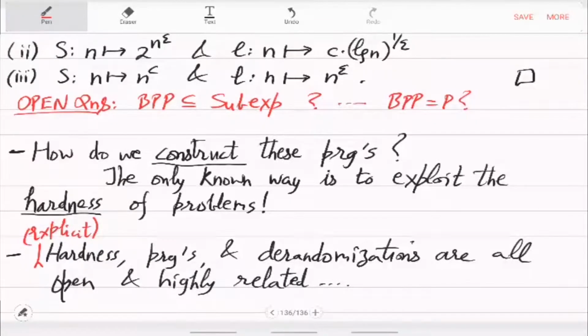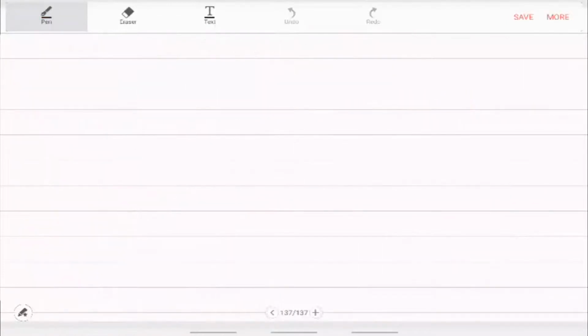I mean, we don't know whether SAT is hard, but at least you know that halting problem is hard, and problems which are in EXP, you know there is a problem which cannot be solved in polynomial time. So that kind of hardness you already have, but the thing is we want more explicit hardness. So let us now get deeper into this.